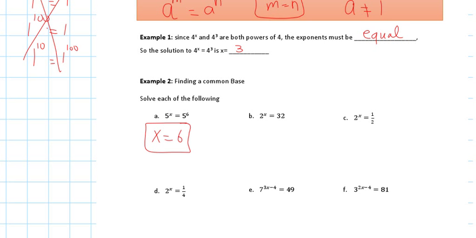So 2 to the power of x equals 2 to the power of 5, because I know that 32 is 2 to the power of 5. If you don't believe me, you can check it on your calculator. You're double checking. All right. So what does that mean? X equals 5.